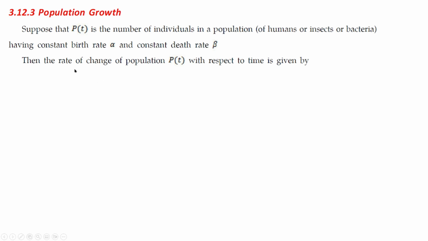Then the rate of change of population P(t) with respect to time is given by dP/dt = (alpha minus beta) P. Now this alpha minus beta is considered as the constant of proportionality K. So from this we get dP/dt = K P.